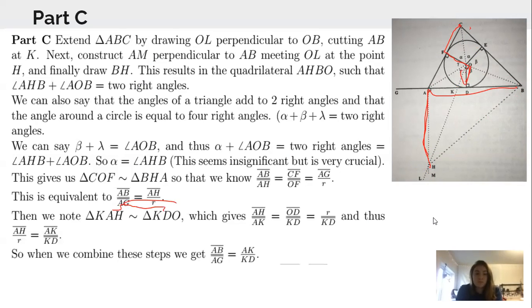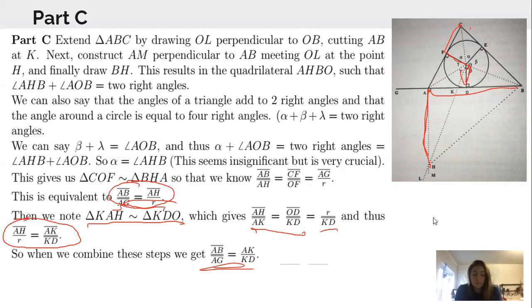We note that we have another set of similar triangles here, and it's the same process: these two are proportional because we know they are similar, and R over KD. So this is what we get from the result here. When we compare this set of ratios to this set of ratios, we combine them and we get this step right here.